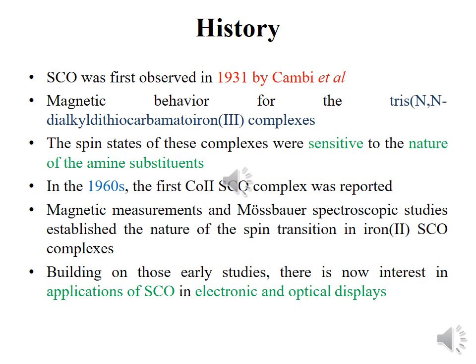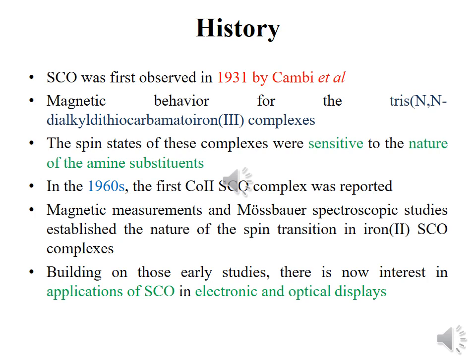Spin crossover complexes were first observed in 1931 by Cambi and his colleagues. Magnetic behavior for the complex like tris N,N-dialkyl dithiocarbamato iron(III) complexes.